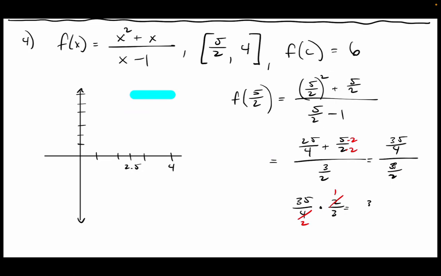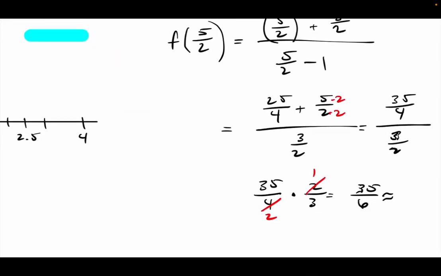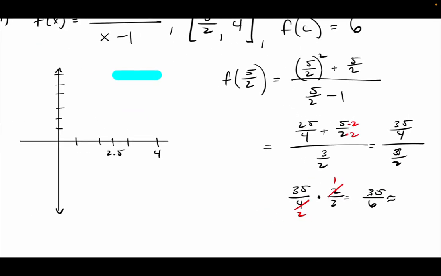So you'd get 35 over 6, which is approximately 5.9, almost 6. So when x is 2.5, y is 5.9, just under that blue line.